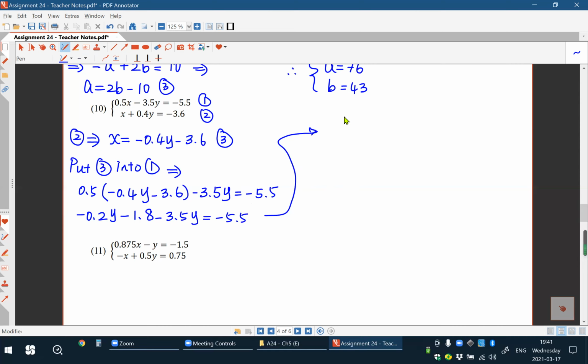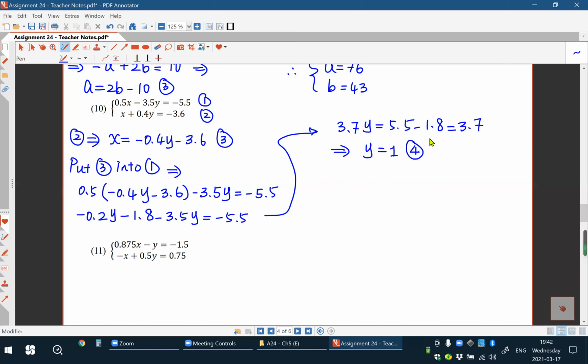And this will give you 3.7y equals 5.5 minus 1.8, right? Which is 3.7. So that means y equals 1.